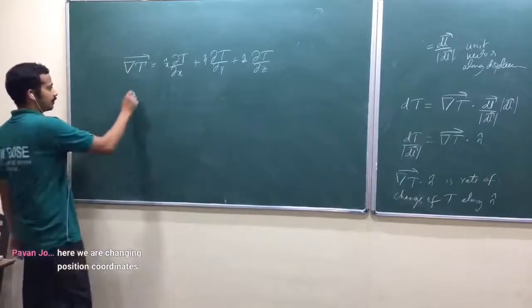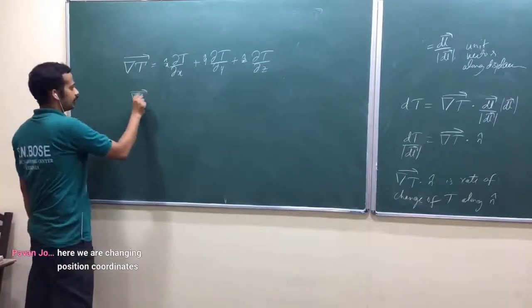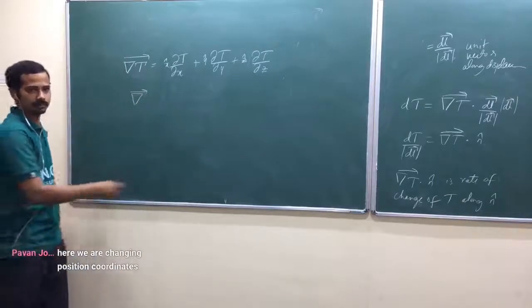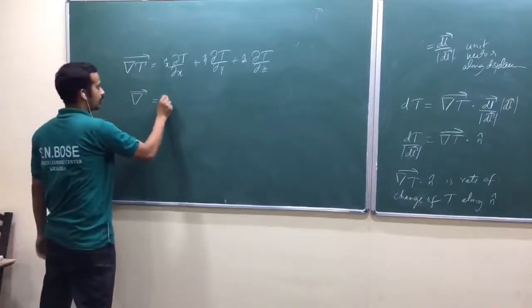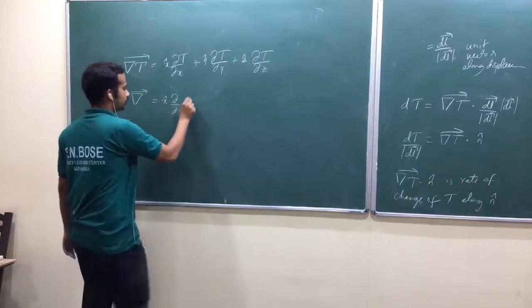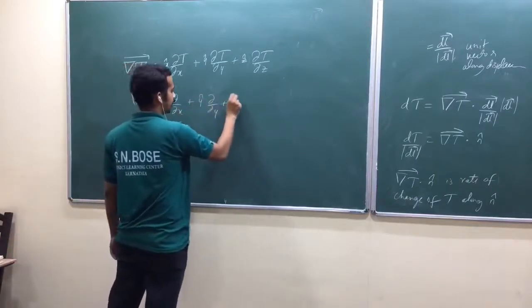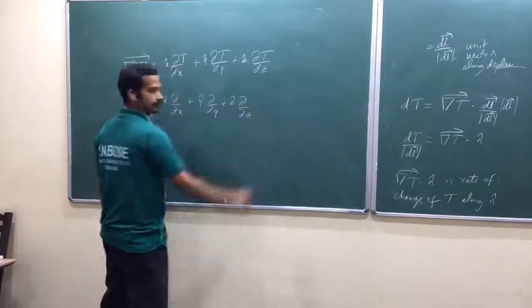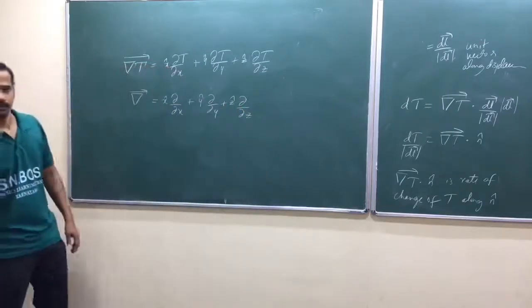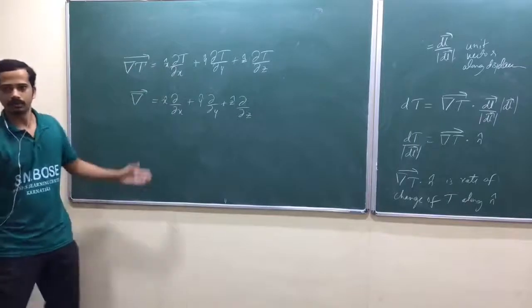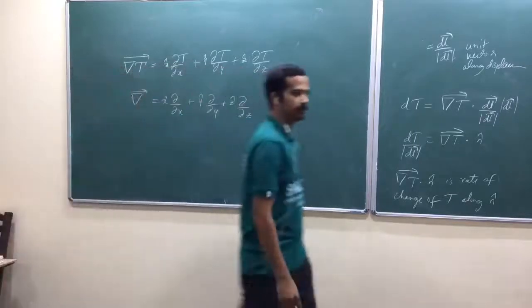Any idea? We are going to define an operator, the del operator. That's equal to x cap into dou by dou x plus y cap into dou by dou y plus z cap into dou by dou z. Is that okay? So now we are going to define some more things with the del operator.